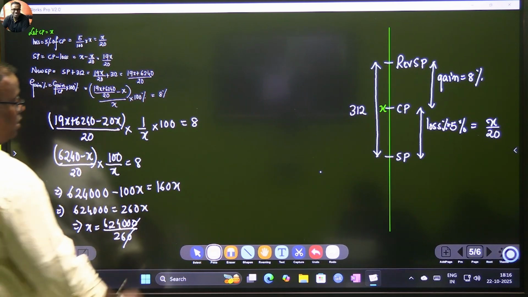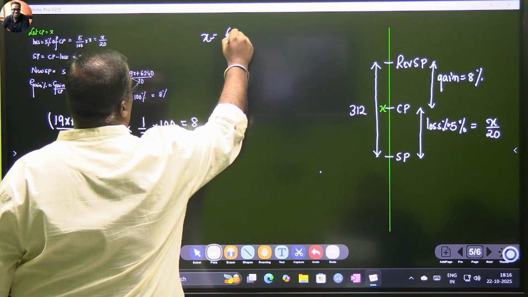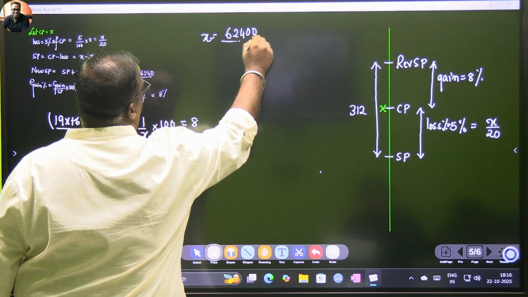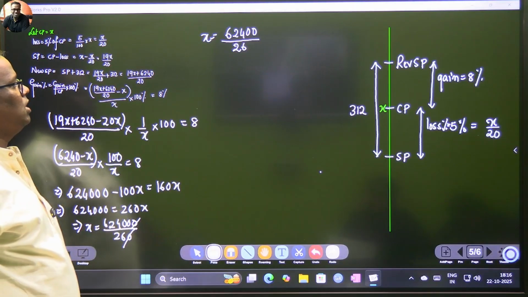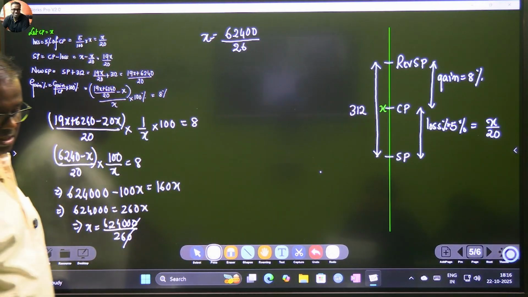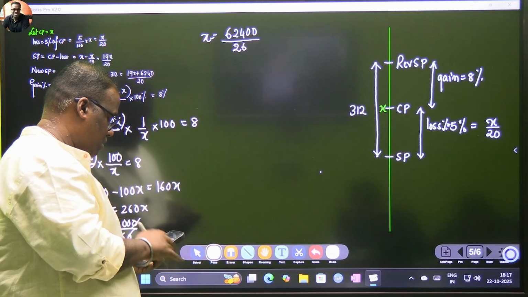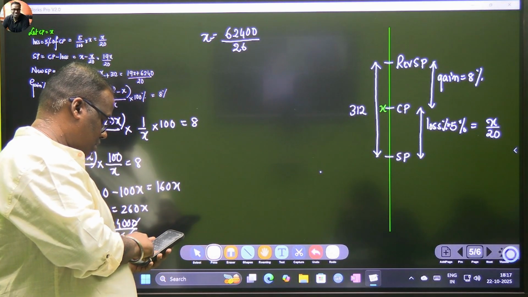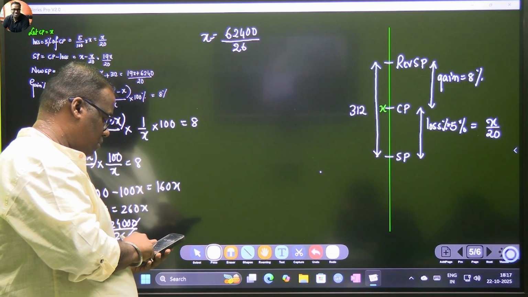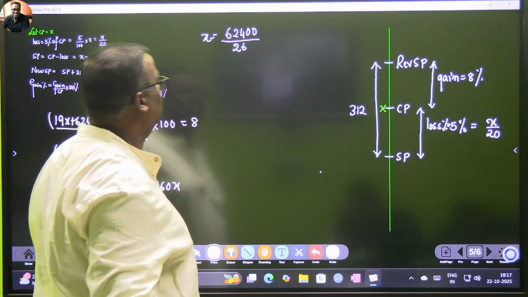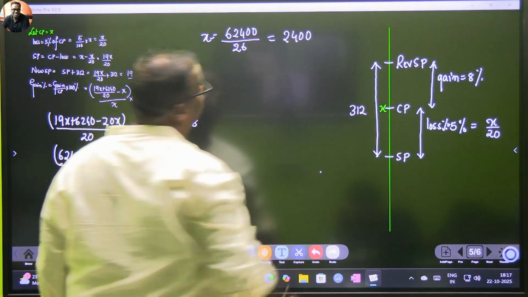Zero cut. So we finally have the value of x as 624,000 divided by 26. So if we divide by 26 in one go, it should work. Yes, 2,400. You'll always get a nice figure, 2,400. But this is your cost price.